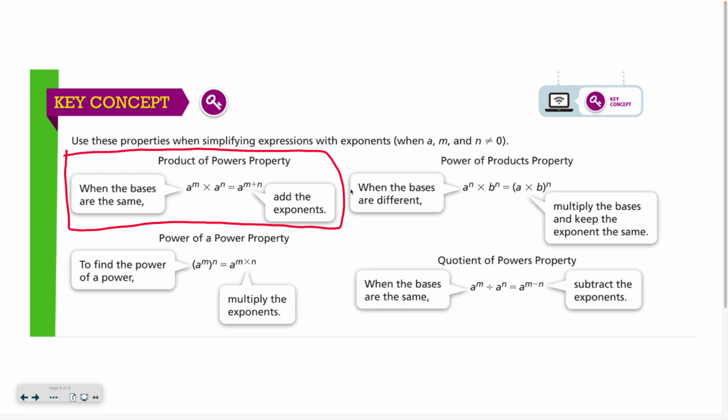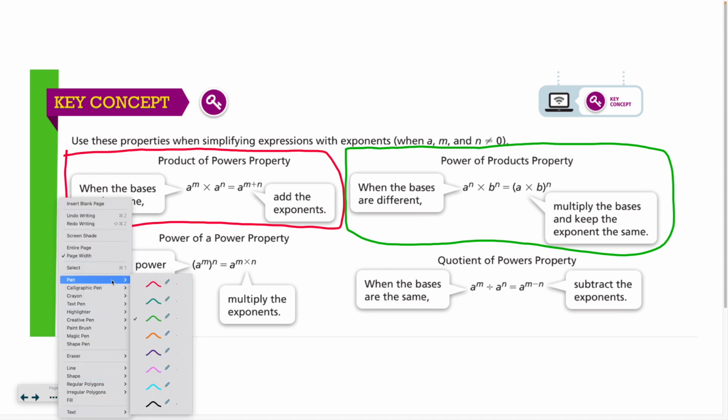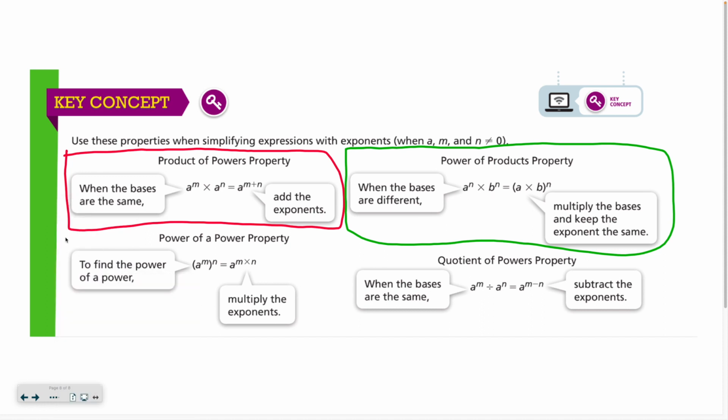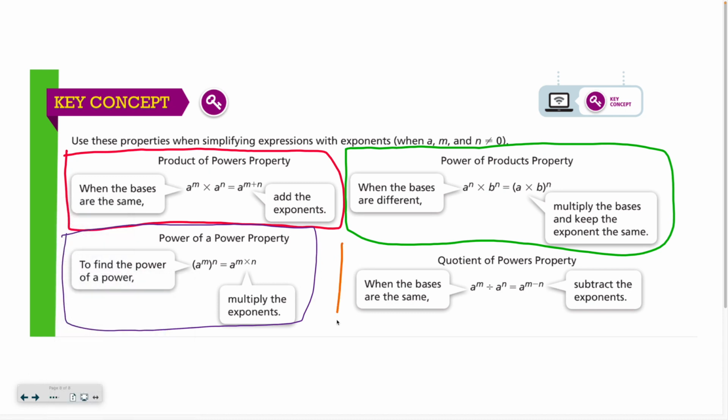We have the product of powers property, and then you went on and learned another version, the power of products property. That's when the bases are different. And then you also learned about the power of a power property. And the last one we finished up with today was the quotient of powers property.